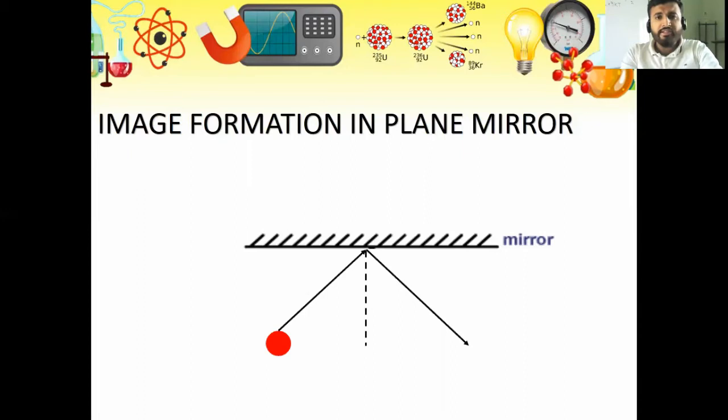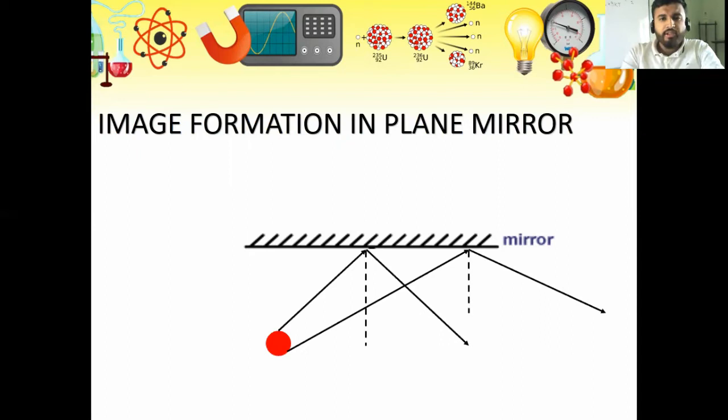Now, it is not necessary that only one ray will travel from the object to the mirror. There can be multiple rays. So to draw a ray diagram, we need at least two rays. So we need to draw another ray, and the second ray can be at a different angle, like this. It will bounce back at the same angle.